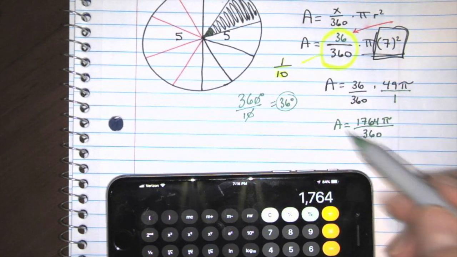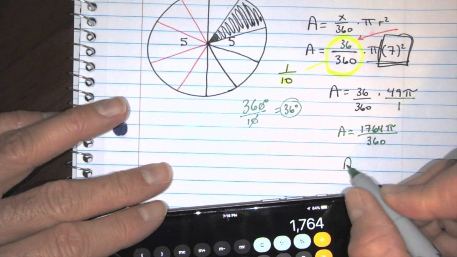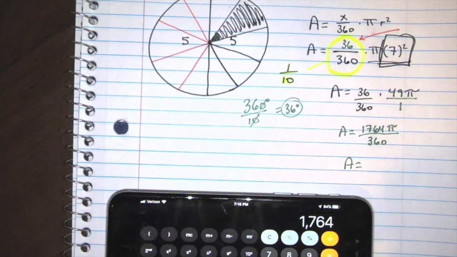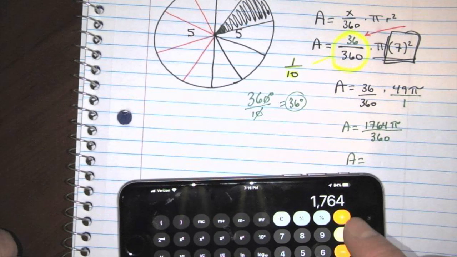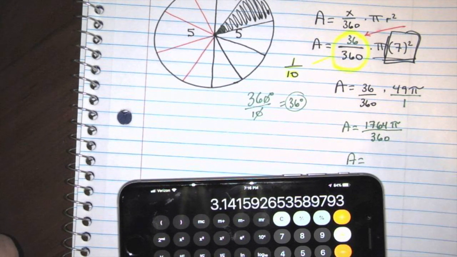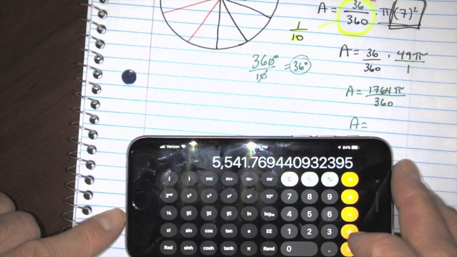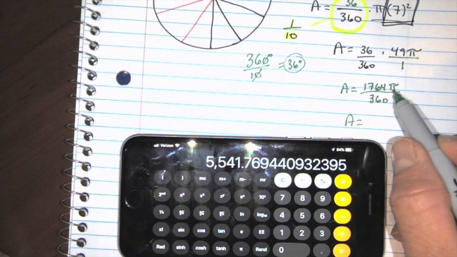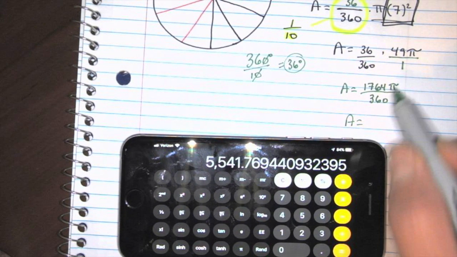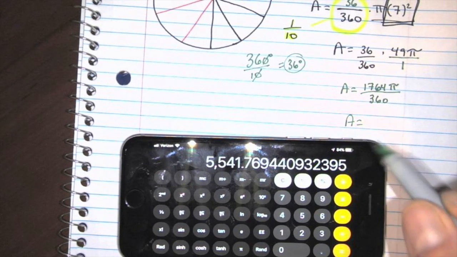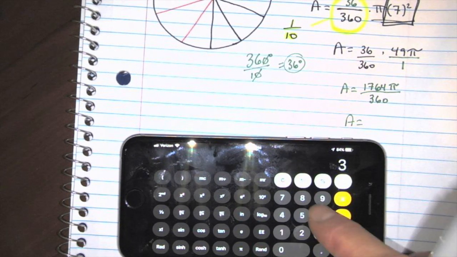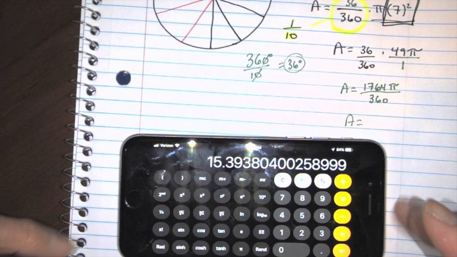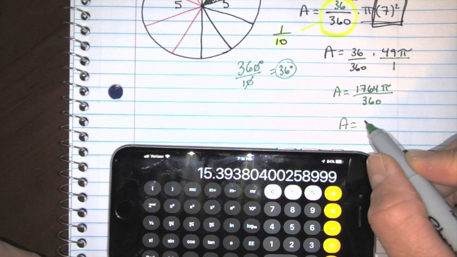Now just punch that out and round it to the nearest hundredth, and you've got your answer, folks. So 1764, let me go ahead and multiply that by pi. Big number, massive number, and that's my numerator, that's my top number. I'm going to keep it in my calculator. Now divide it by 360. And there is your answer.